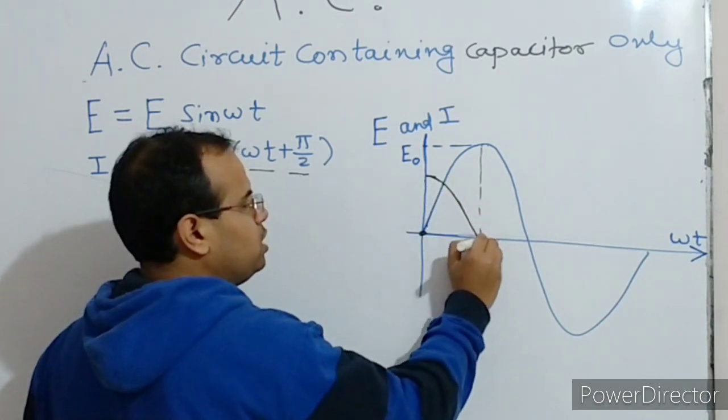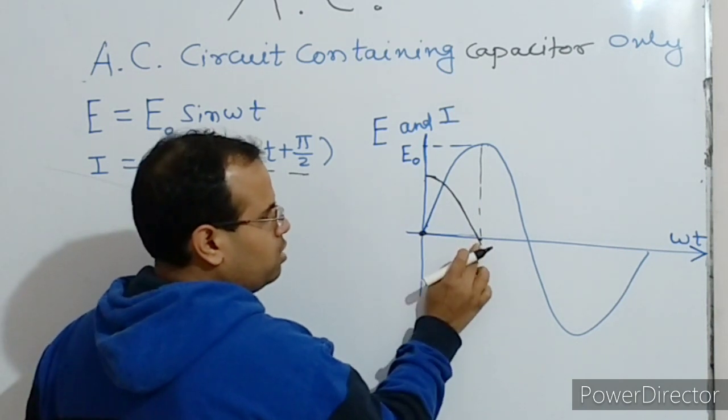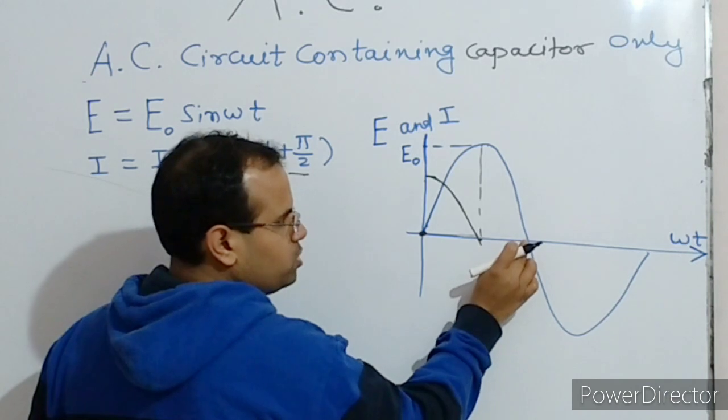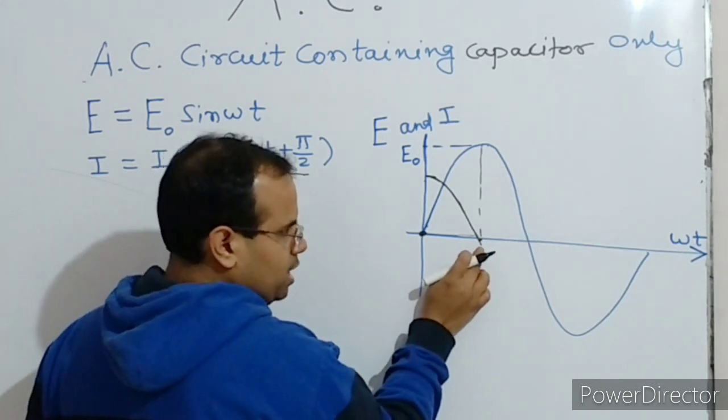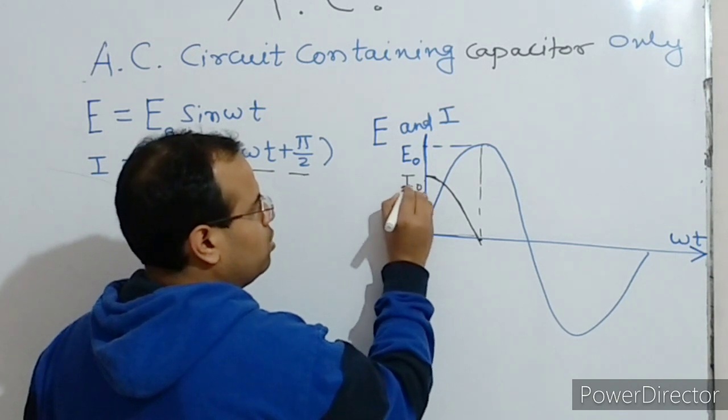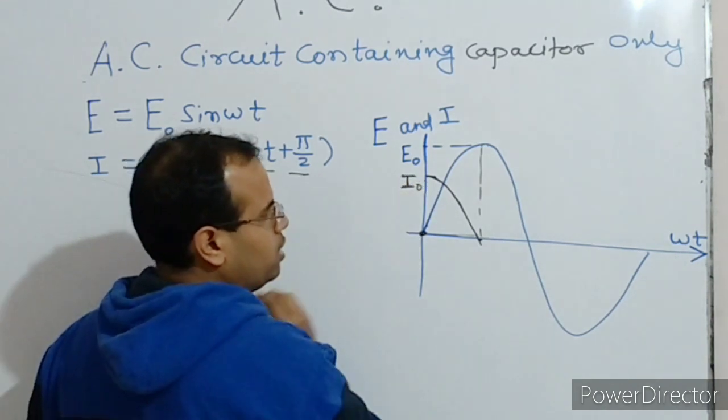So you can see here also that after angle pi by 2, the value of EMF is 0, and that is the value current has here, and this value is actually I naught.